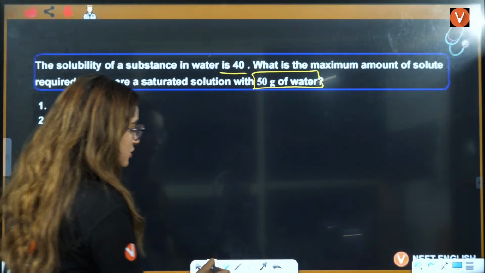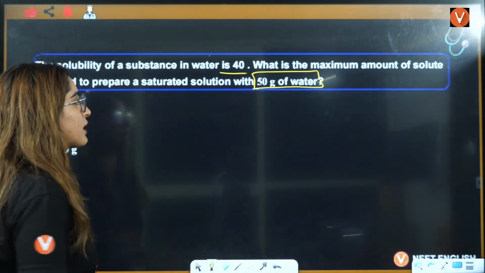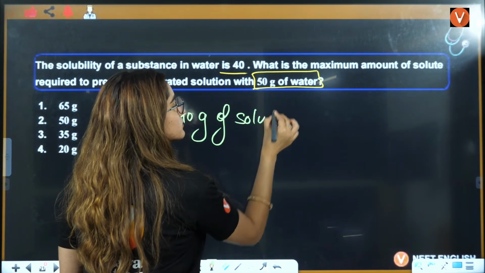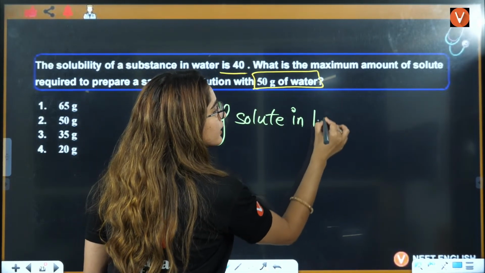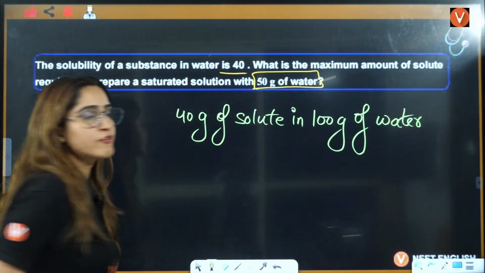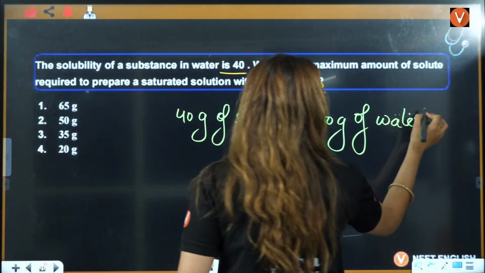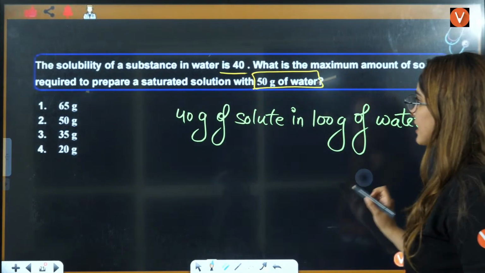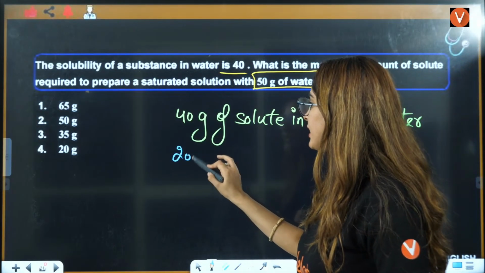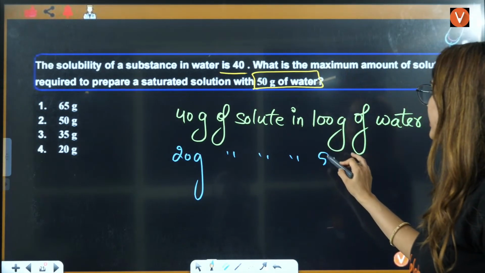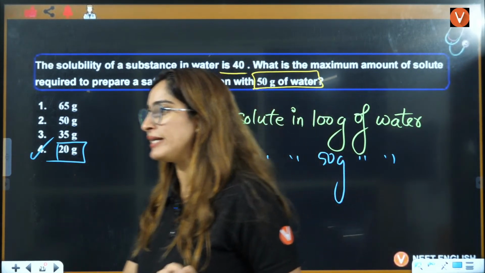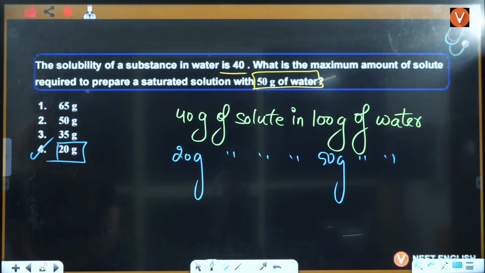Students, 40 solubility means 40 gram of solute in 100 gram of water, right? So for 50 gram of water, what will be the answer? That means 20 gram of solute in 50 gram of water, right? So 20 gram is the correct answer, right?